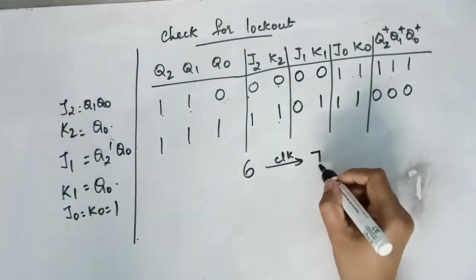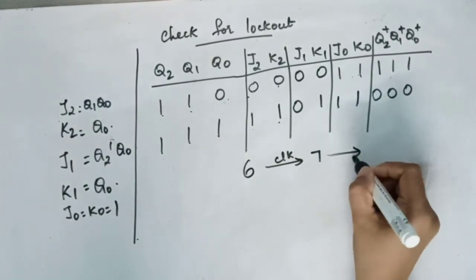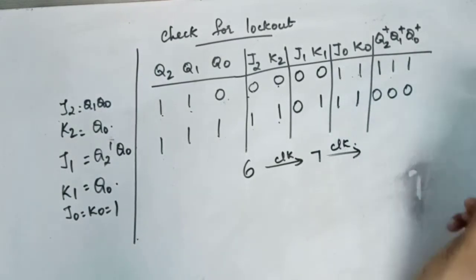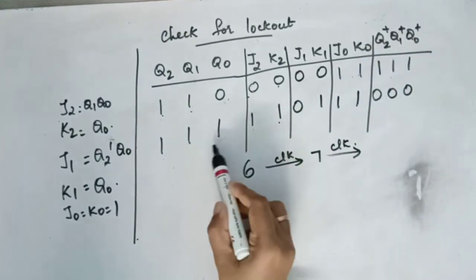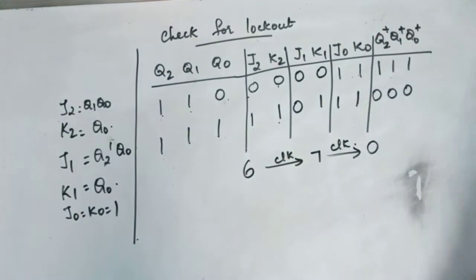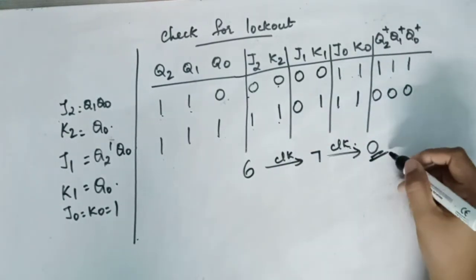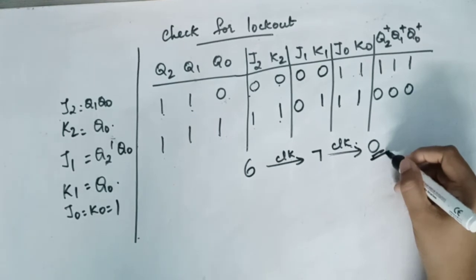So now 7 is the present state. If you apply a second clock, what happens? 7 is now there. You apply another clock pulse, it goes to 0. This is a valid state. So within 2 clock pulses, it returned to the original sequence or a valid state.